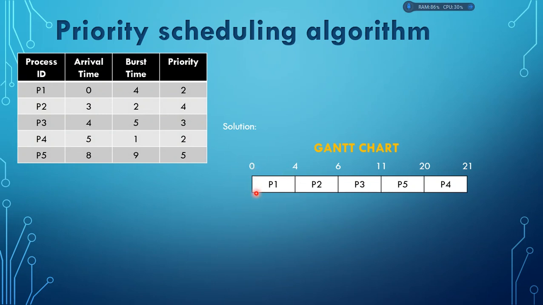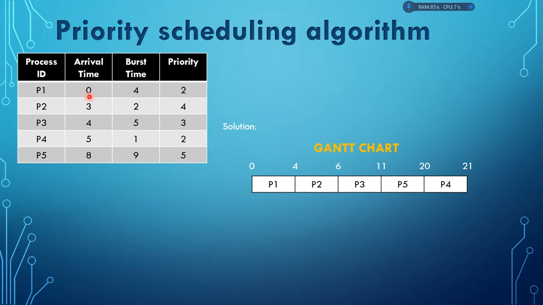The first process that arrived to the CPU is P1, which has the arrival time of 0. When P1 arrives, there's no process in the CPU. Since we have the non-preemptive algorithm, P1 will be the one processed.